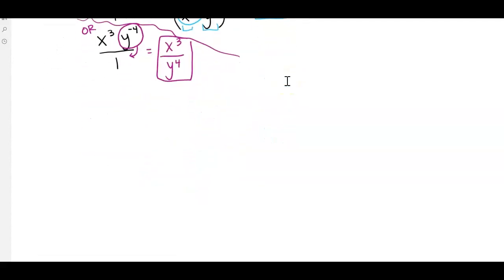All right, let's do one with negative exponents that maybe is a little bit more complicated. See if we can challenge you a little bit more here. Okay, what if we have something like this?